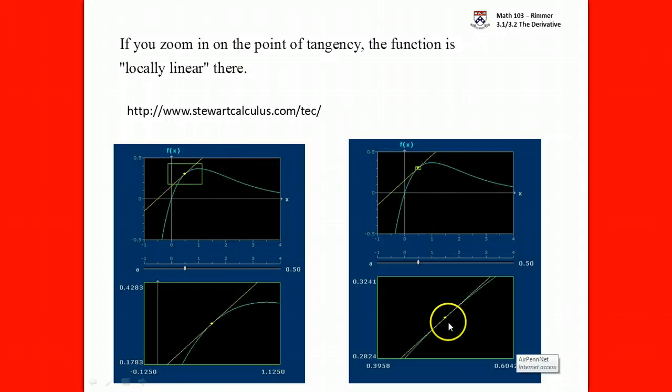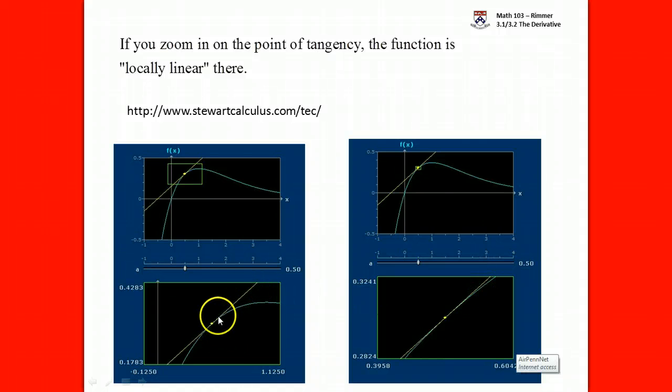Basically, the idea is that the tangent line and the function almost become indistinguishable. And so they agree at this point of tangency. Anywhere away from that point of tangency, they disagree. But locally, nearby, they almost are one on top of the other. You can't distinguish one from the other. The further you move away, there'll be more of a gap between them.